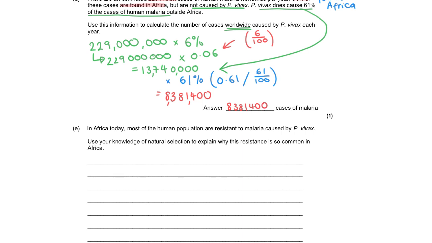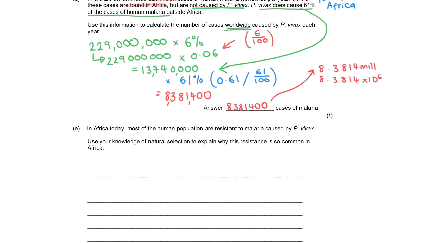But because this is a faffy kind of question, they've got a few different numbers that you could have written. So you could have written exactly like that, you could have written it as 8.3814 million. You could have written it as 8.3814 times 10 to the power of 6.